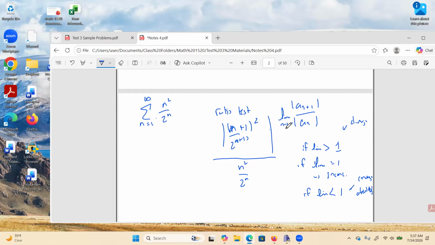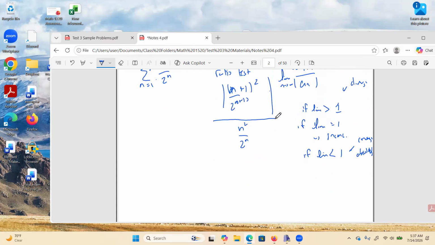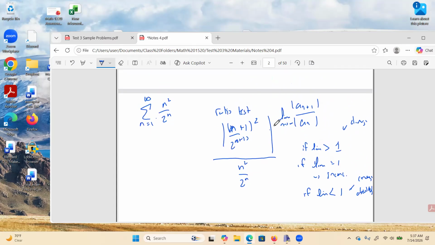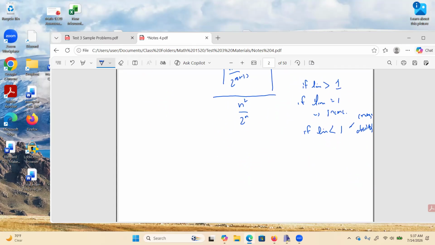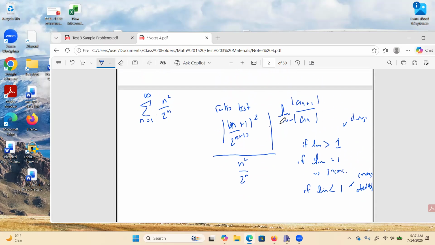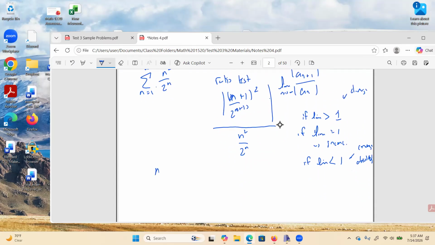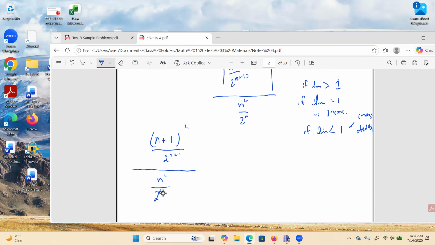Okay. So let's go ahead, we have a little bit of algebra to do to figure out what's happening with this. So we have n plus 1 squared over 2 to the n plus 1, divided by n squared over 2 to the n. So we're going to have a complex fraction here.